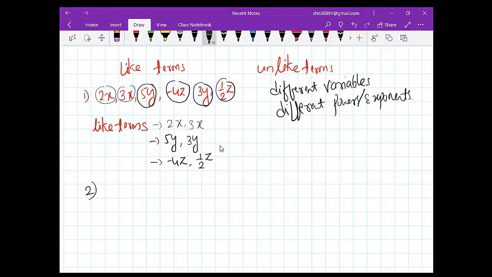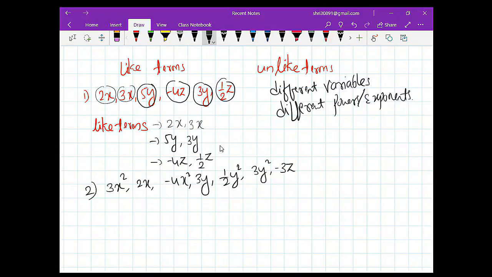Let's see in the second example, you will get clarity here. 3x square, 2x, minus 4x square, 3y, 1 by 2y square, 3y square, minus 3 is there.